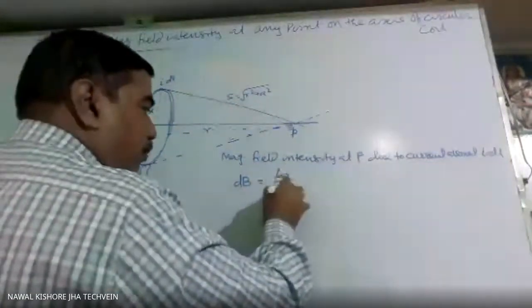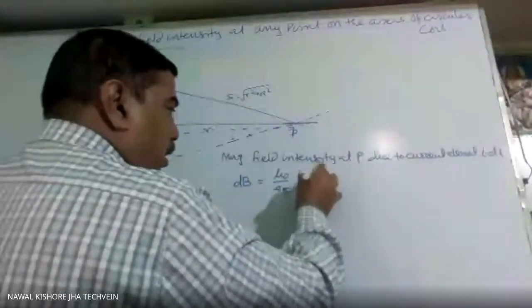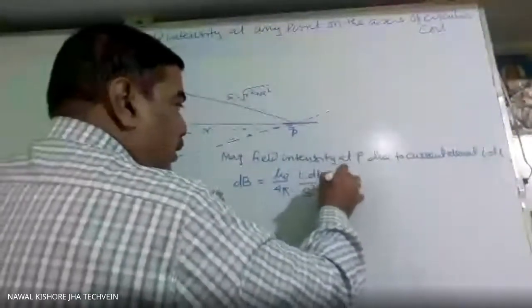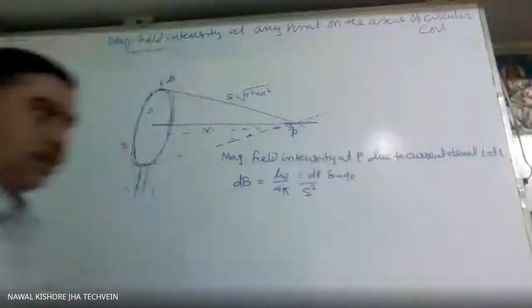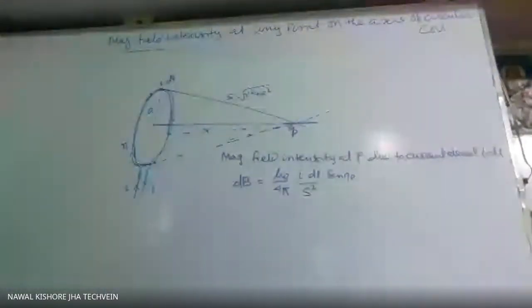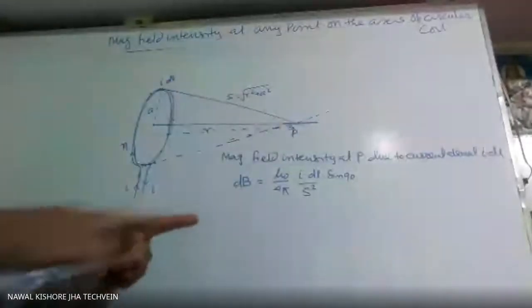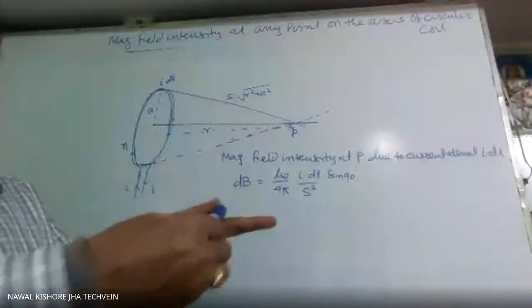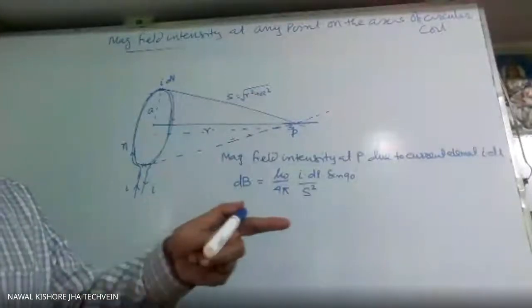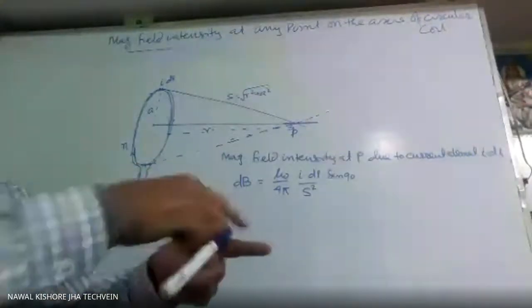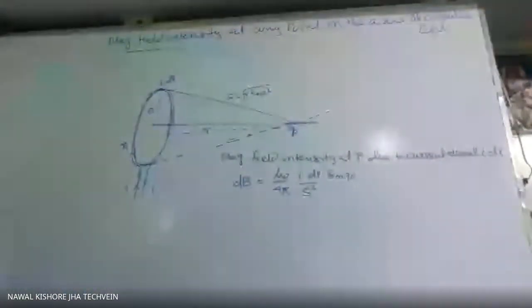Mu naught over 4 pi, I dl over s square, times sine of 90 degree. Any confusion here? The angle between the current element and the position vector is 90 degree. The current element is along this finger and the position vector is along the marker. They are perpendicular, anywhere, because they are in different planes. So the marker will always be perpendicular to the finger.